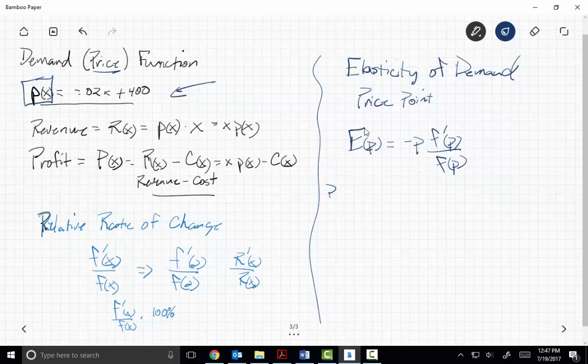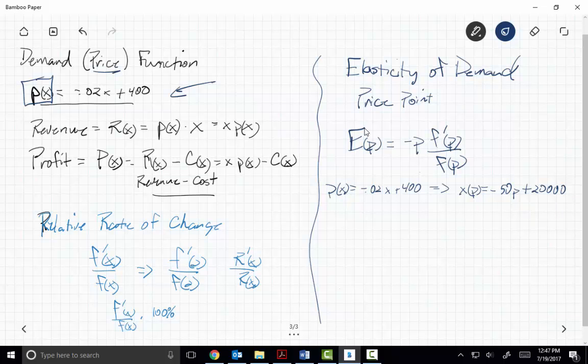So if I started with p of x equals negative 0.02x plus 400, I subtract the 400 and divide through by the negative 0.02, so I get x of p, which we'll call f of p when we're done, equal to negative 50p plus 20,000. Yeah, 20,000. I'll buy that. So we're good.